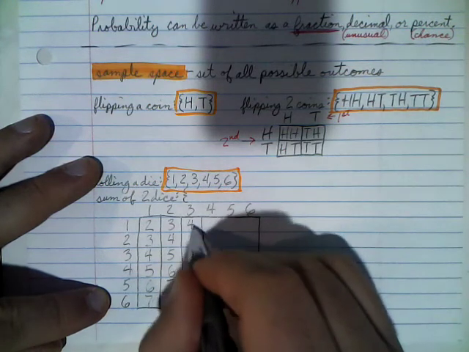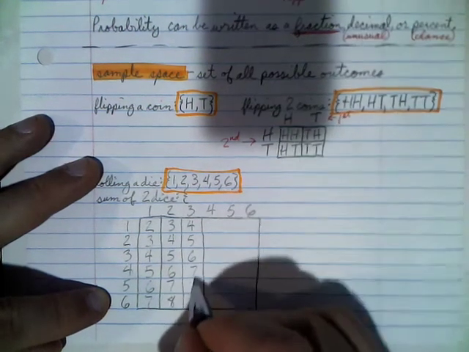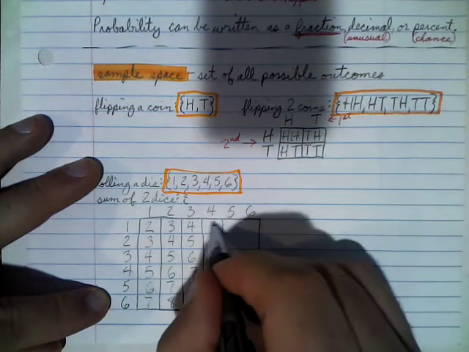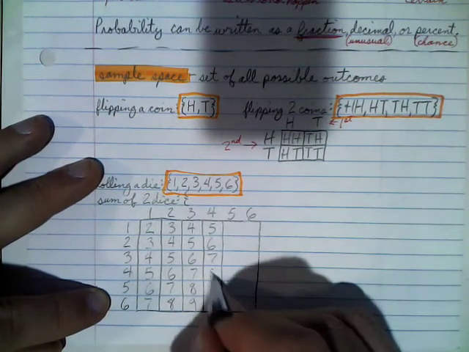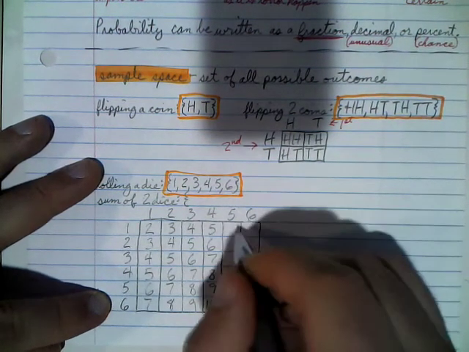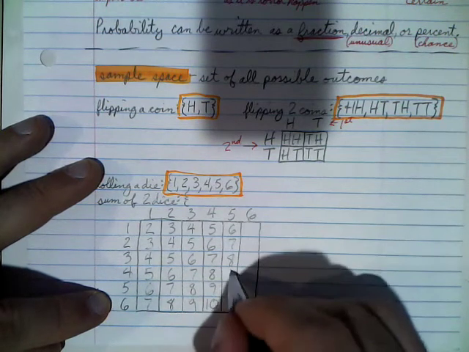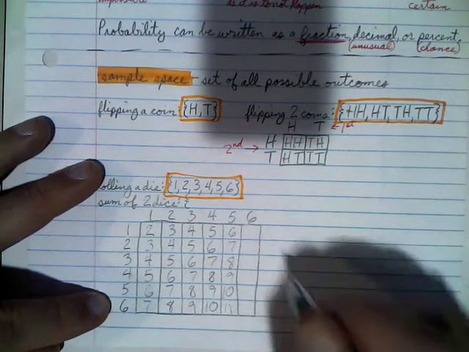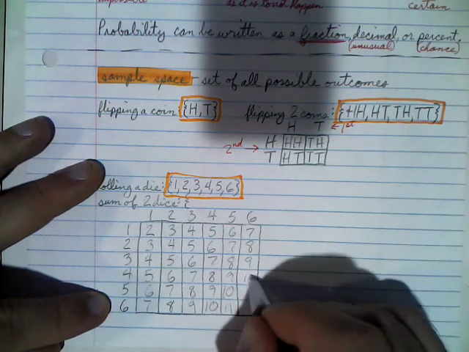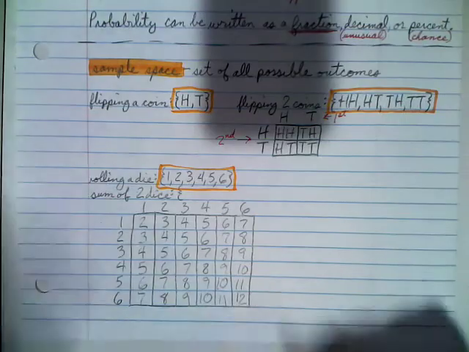So that'd be 4, 5, 6, 7, 8, 9. This would be 5, 6, 7, 8, 9, 10. 4 plus 6 is 10. And then 6, 7, 8, 9, 10, 11. And finally 7, 8, 9, 10, 11. And 6 plus 6 is 12.